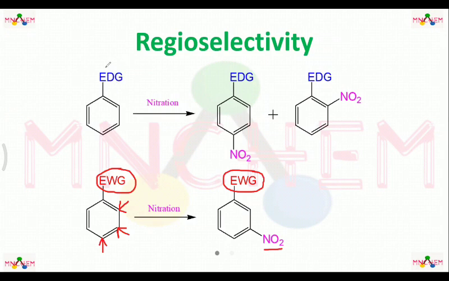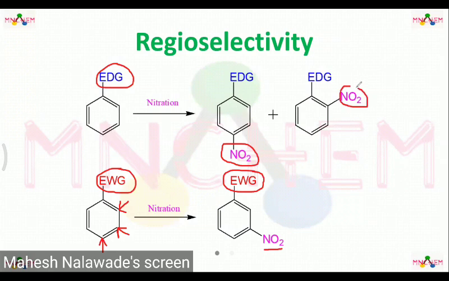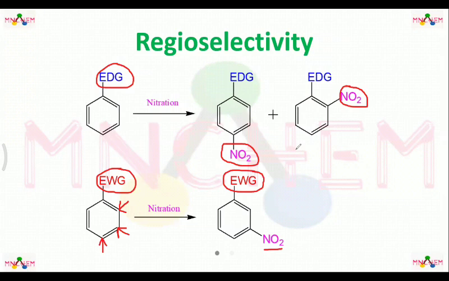In the above example, electron donating groups directed the substitution at the para and ortho positions because of the +I and +R effect. So in this example, where we have ortho, meta, and para, these are the three sites available for the reaction.